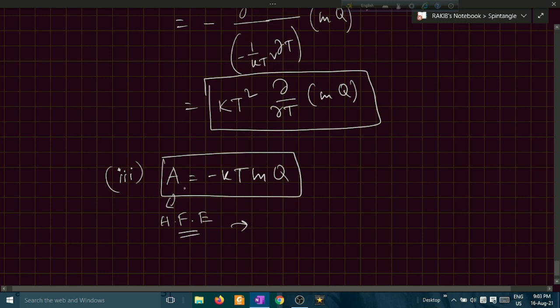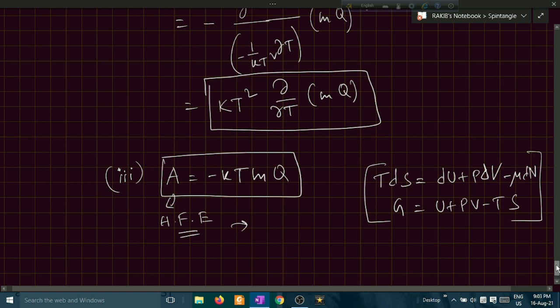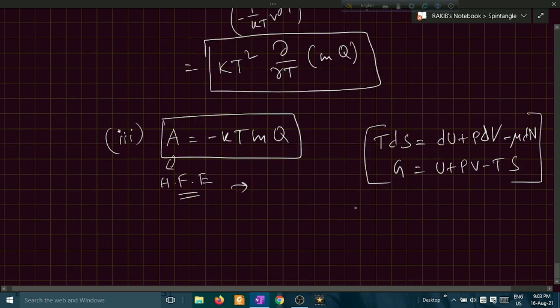By using this formula and combining it with two other important formulas, TdS equals dU plus P dV minus mu dN, and G equals U plus PV minus TS, you can easily obtain any variable you need.